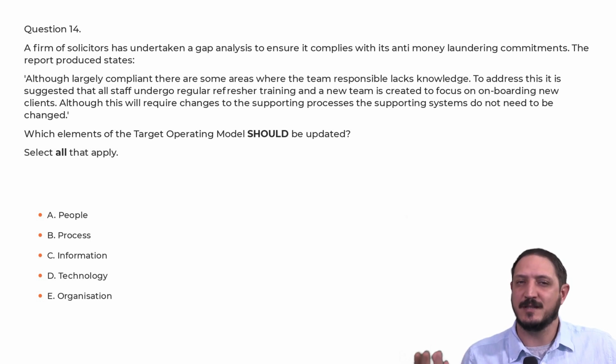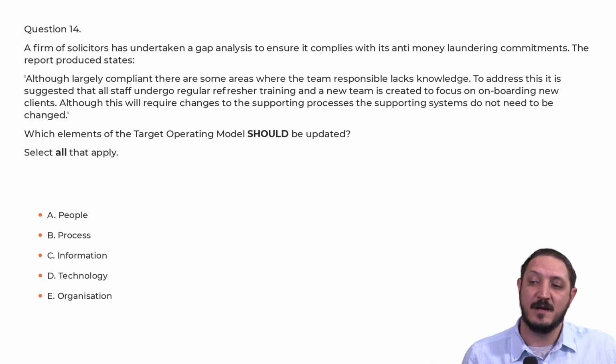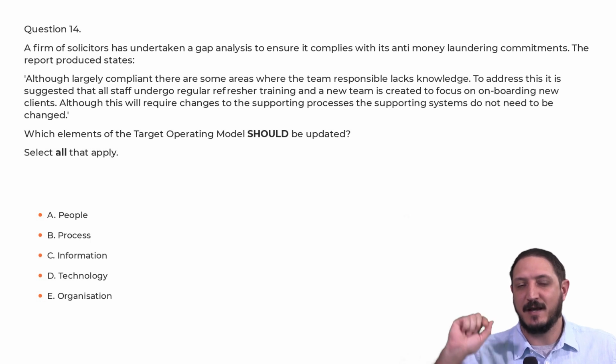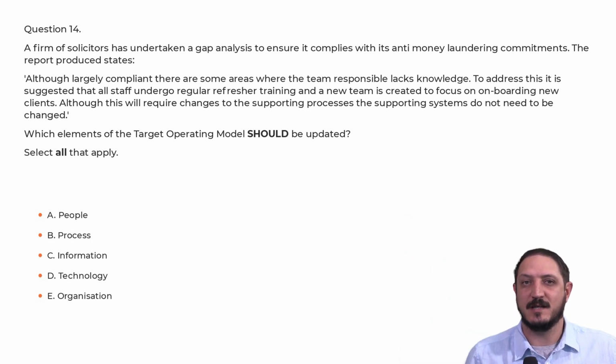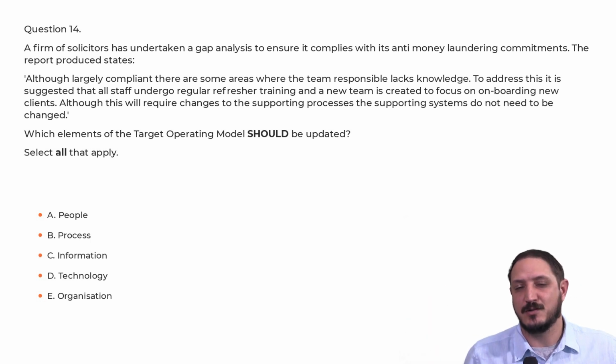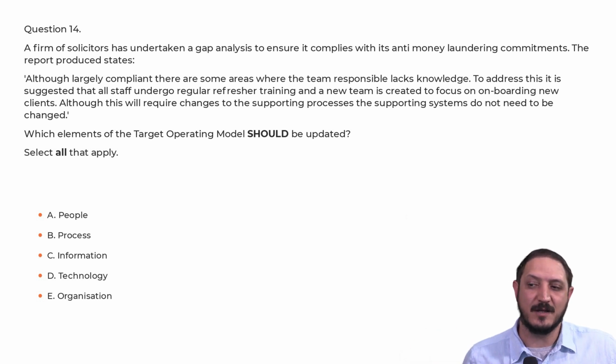So this is referring to the technology element of POPIT, which is saying that nothing needs to be updated inside that category, because in order for us to operate after the gap analysis has been done and we've defined what we need to do to change, and what this specific model is that we need to be operating at, this target model that we want to transition to, we don't need to do anything with technology.